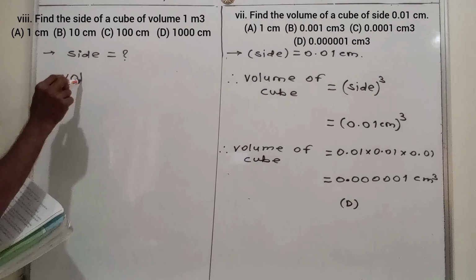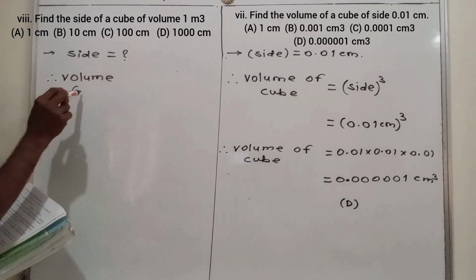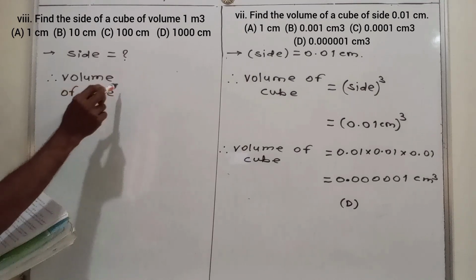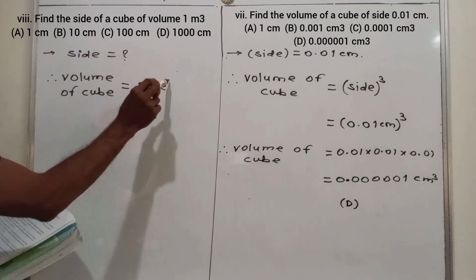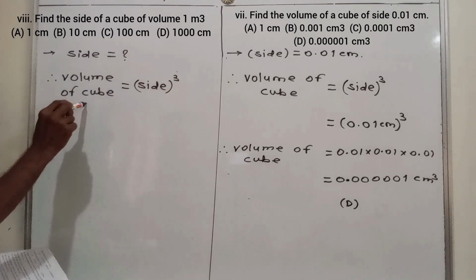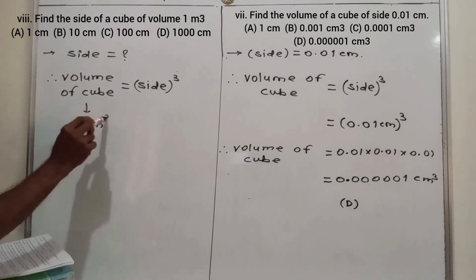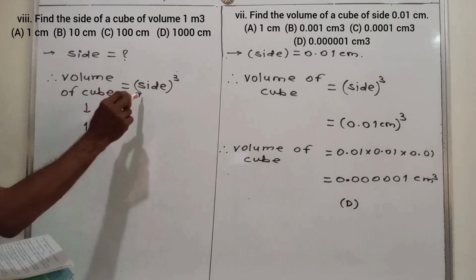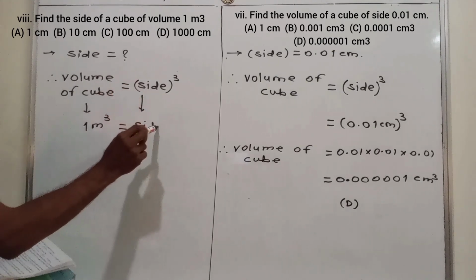Therefore volume of given cube is equal to side cube, but we have given volume, that is 1 meter cube, and we want to find length of side.